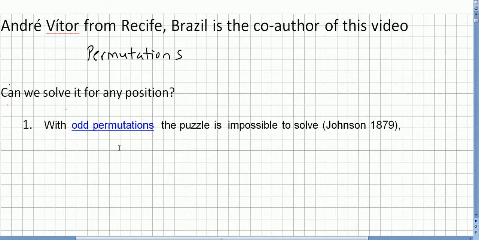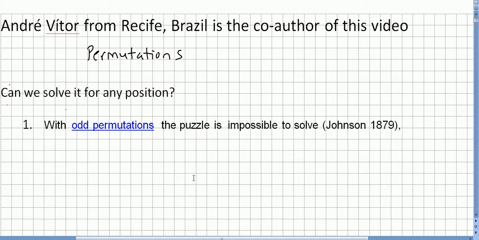So the first proof we got for this was in 1879, Johnson, who gave us a proof. I might leave the papers in the link next to the video. And Johnson in 1879 proved that with odd permutations the puzzle is impossible to solve.